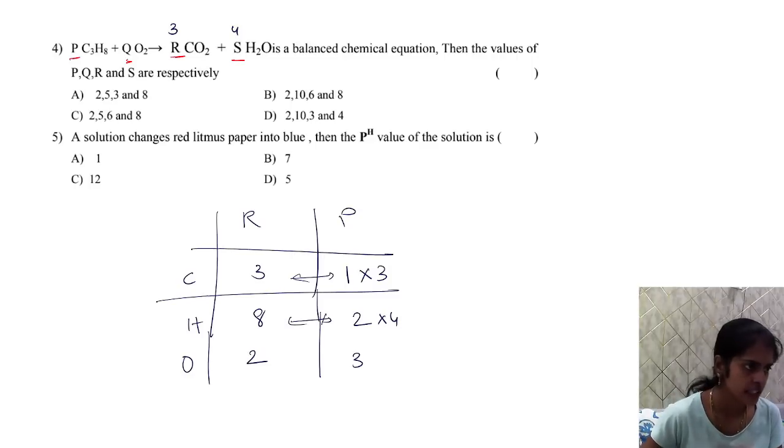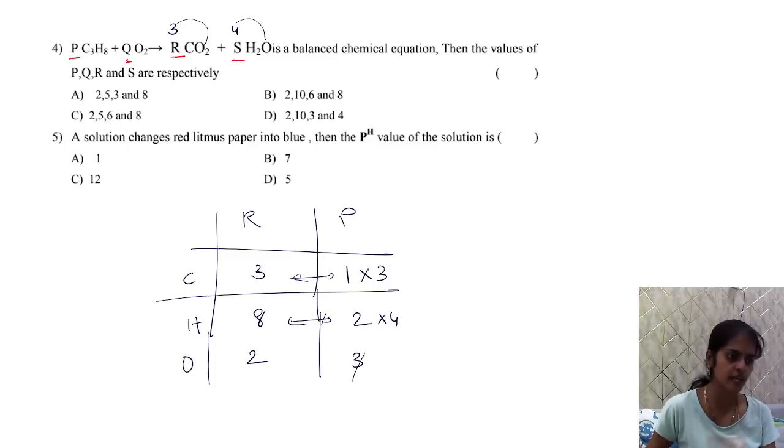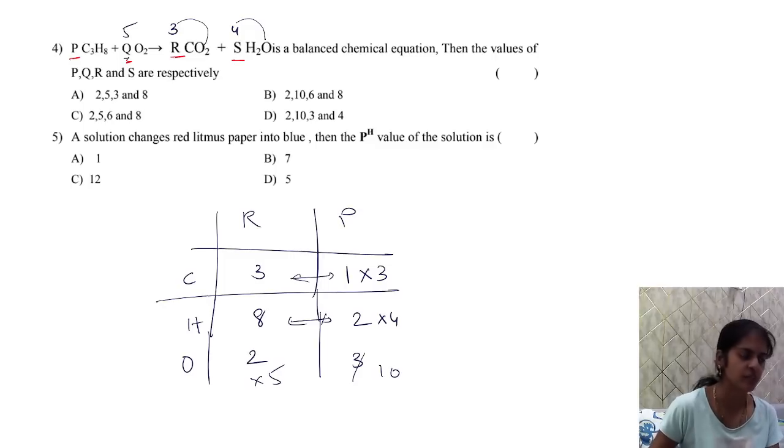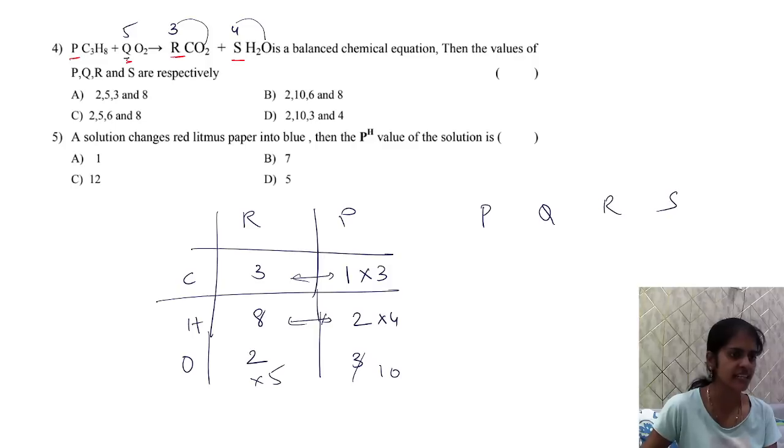Oxygen, let us count: 3 twos are 6, plus 4, so this became 10 oxygens. If I want 10, I should multiply by 5 on the reactant side. So P value is 1, Q value became 5, R value is 3, S value is 4.